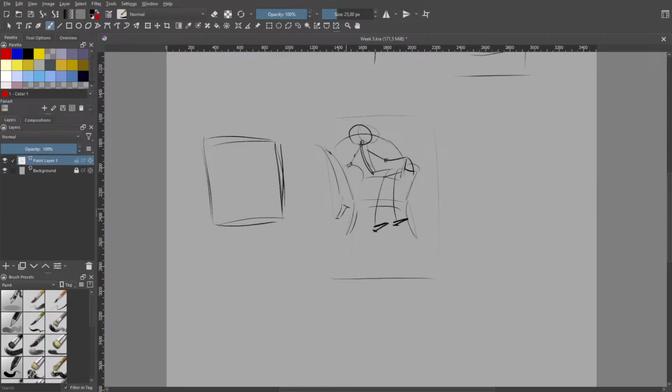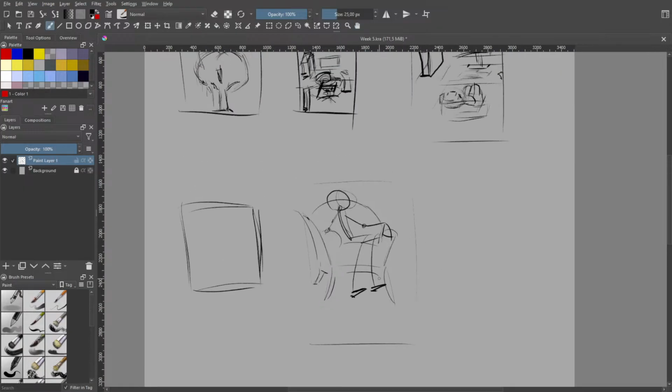Slightly. I think. Yes, and I don't know. I mean, not feeling it today. I really want to be able to draw like this, though.